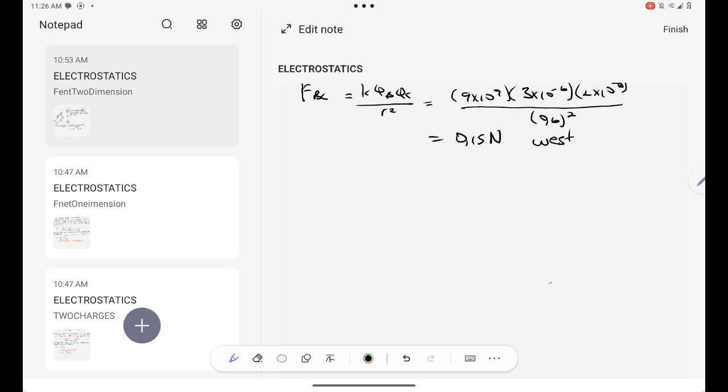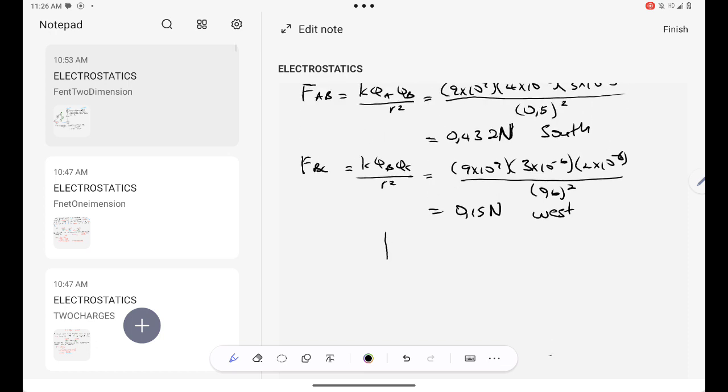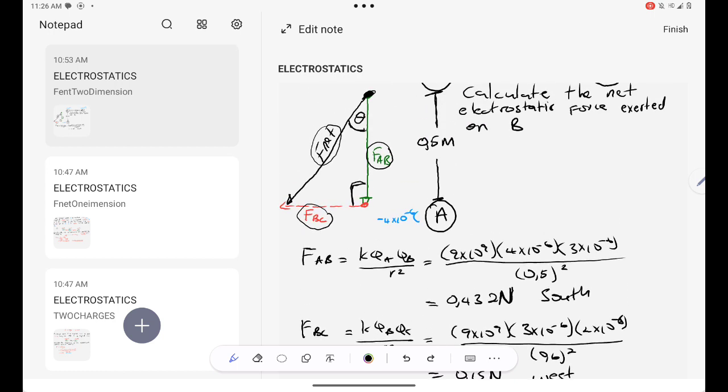And then for me to find my resultant force, I have a situation like this. Let me redraw this force diagram of mine. I have 0.432 over there, 0.15 over here.